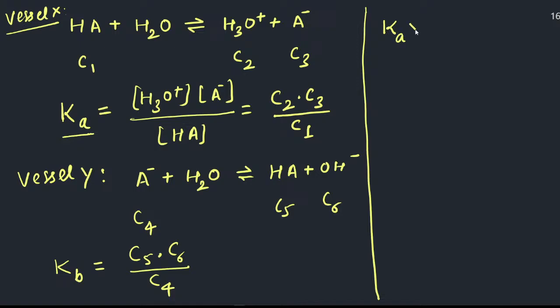Dissociation constant of acid multiplied by dissociation constant of conjugate base is equal to Kw.